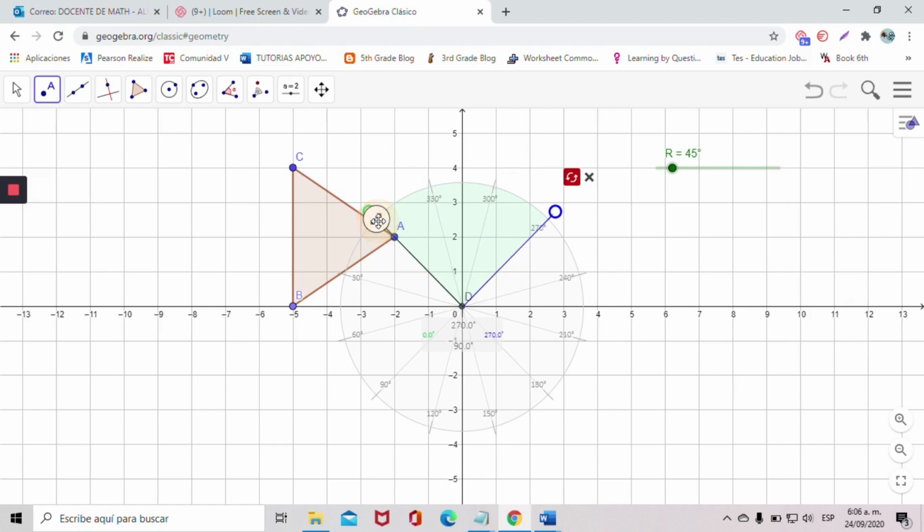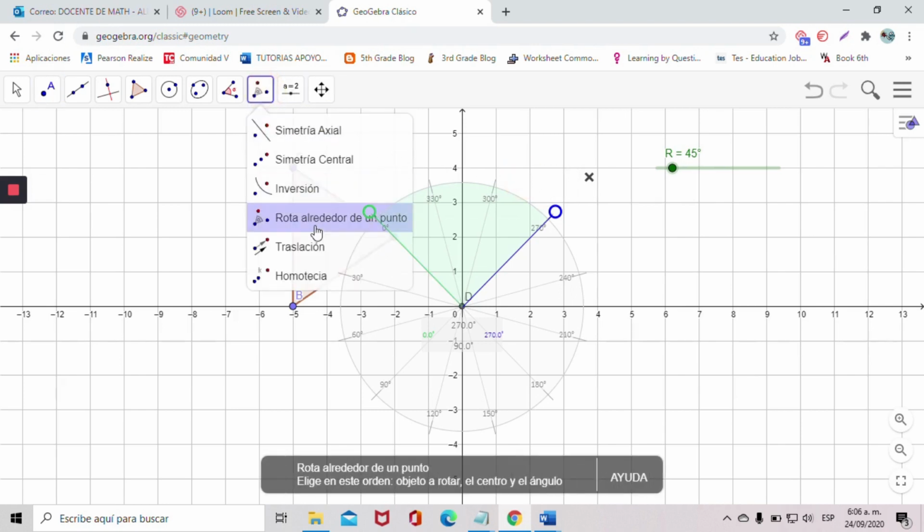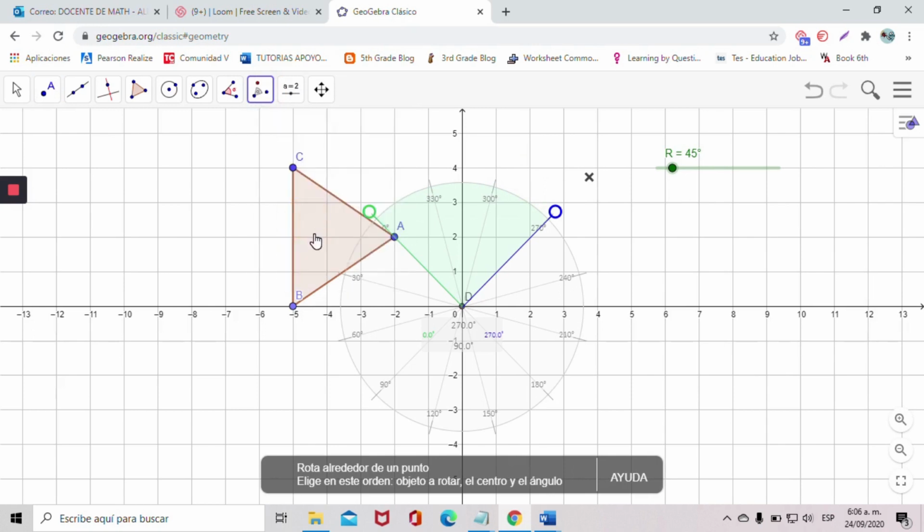Then I am going to measure the angle with the protractor to see if what GeoGebra is showing me here is real. Then I'm going to come back here to rotate the polygon.